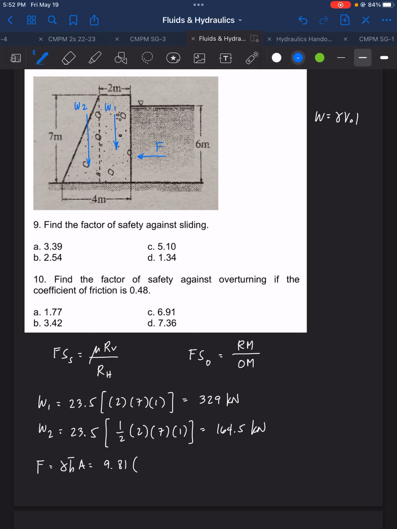If you have your eyesight here on side view, you're looking at a figure like this.